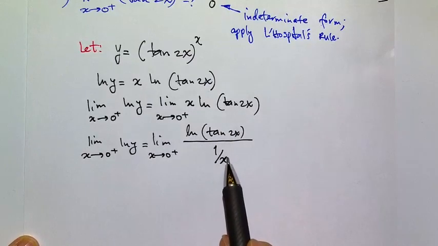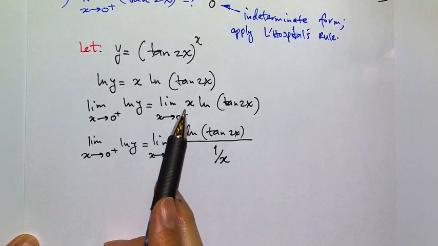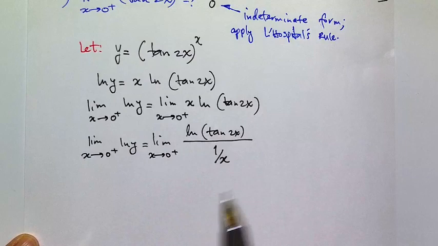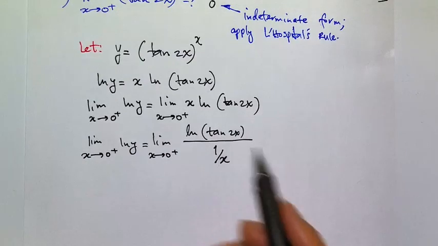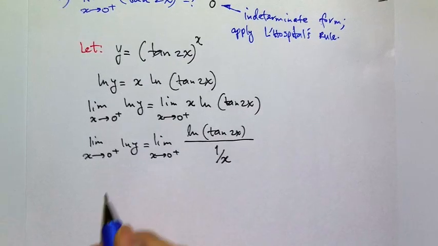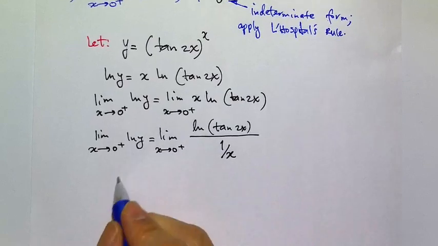This is a complex fraction. If you simplify it, we get the x times that back. Okay? So now we can apply L'Hopital's rule.